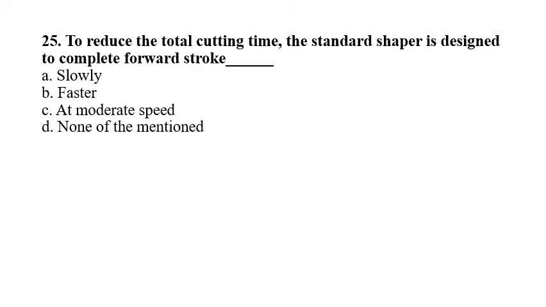Question number 25. To reduce the total cutting time, the standard shaper is designed to complete forward stroke dash: slowly, faster, at moderate speed, none of the mentioned. The answer will be A, slowly.